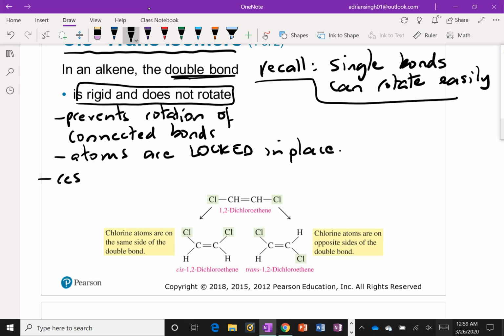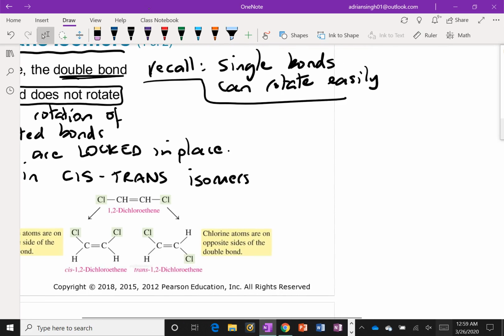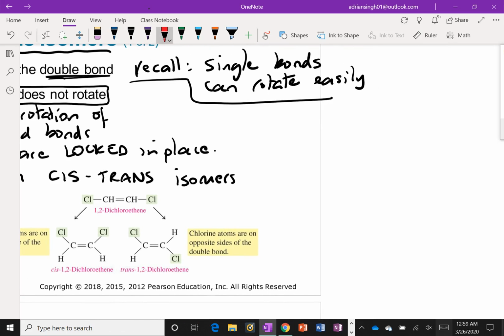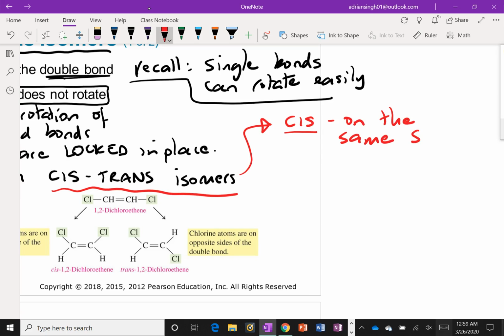So it results in cis-trans isomers. To help you remember what this actually means, we'll use a little bit of alliteration here. We can say cis means on the same side of the double bond.